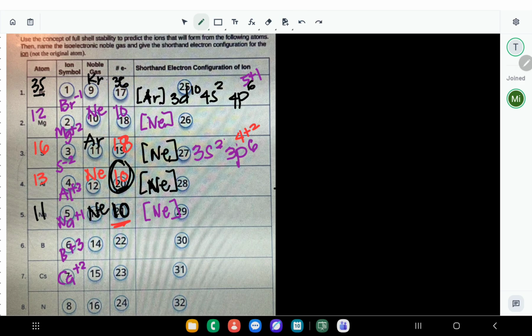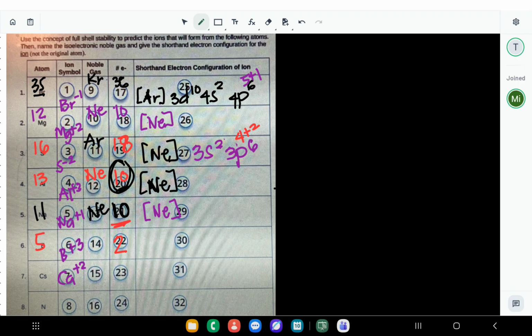All right. Okay, then next we have boron. What is the atomic number of boron? 5. So originally boron has 5 electrons, but the charge is plus 3. So that means it loses electrons. So 5 minus 3, it only has 2 electrons.